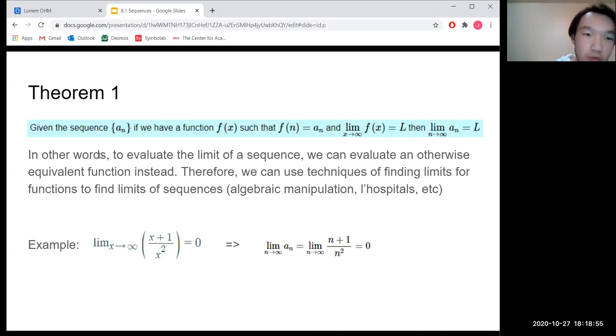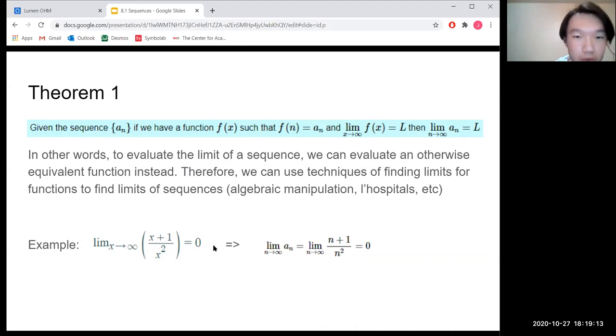In other words, to evaluate the limit of a sequence, we can evaluate an otherwise equivalent function instead. This is useful because we can use techniques for finding limits to find the limits of sequences.